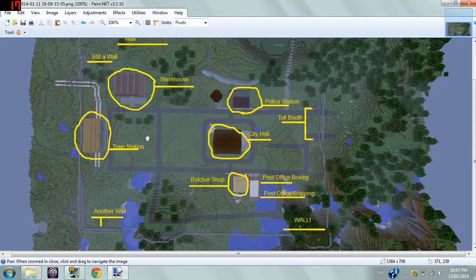Next we have the police station, and the police station is a lysosome.